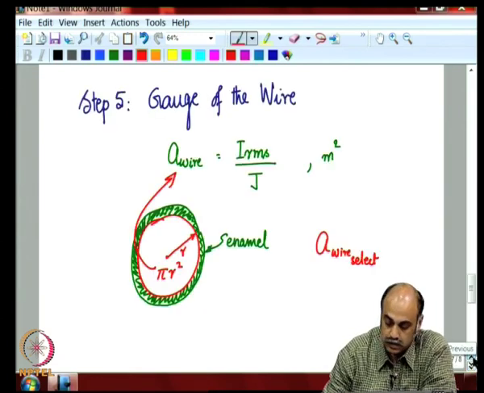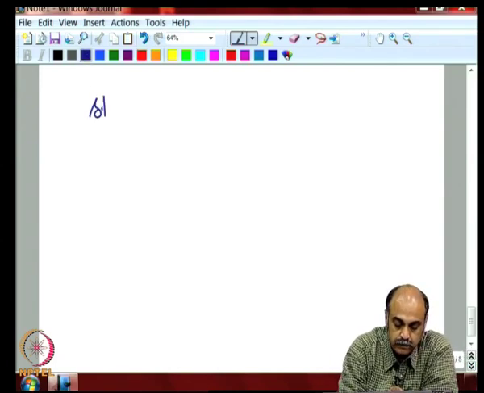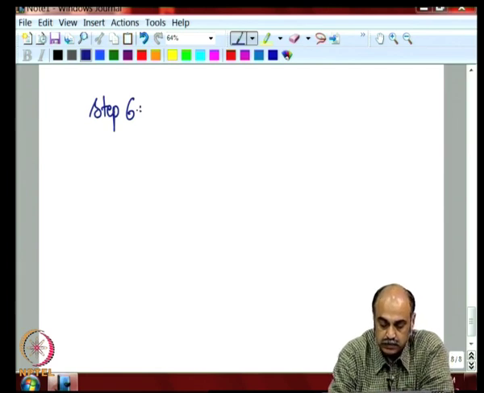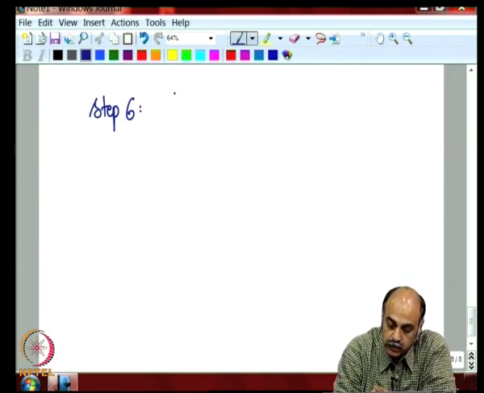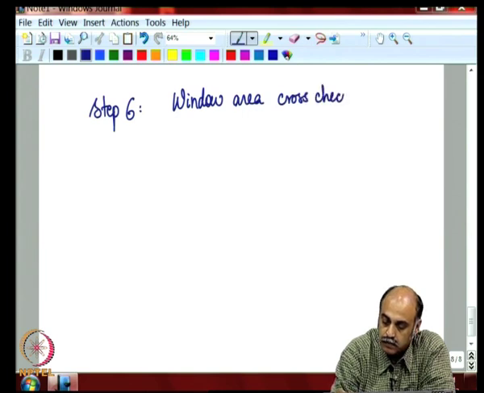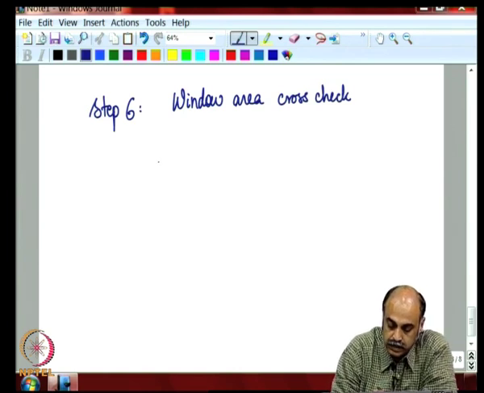And then step 6. In step 6, you make the window area cross check. So, what is it that we need to check?